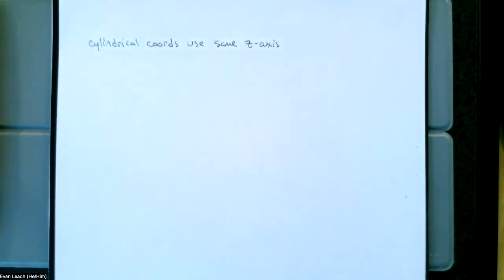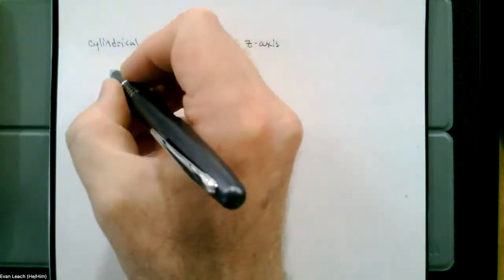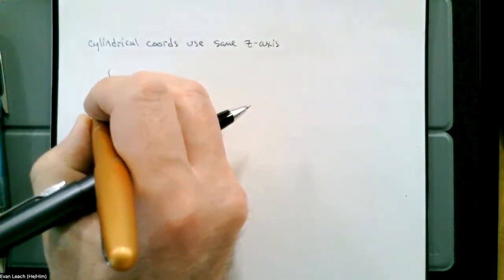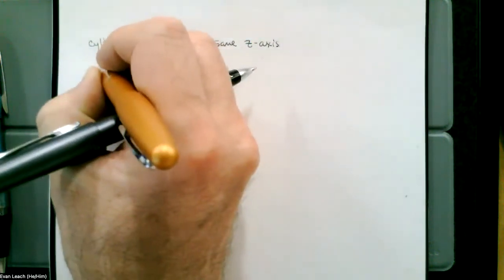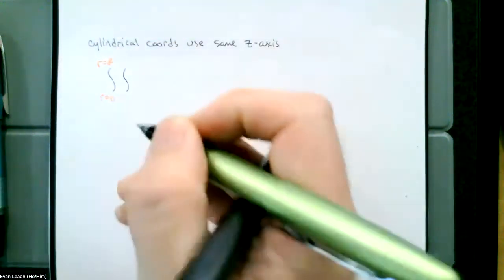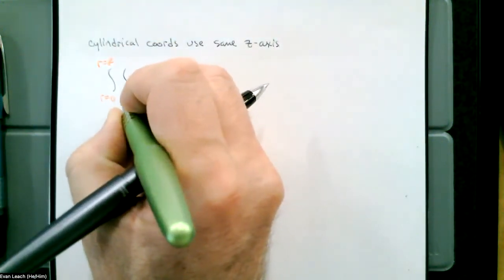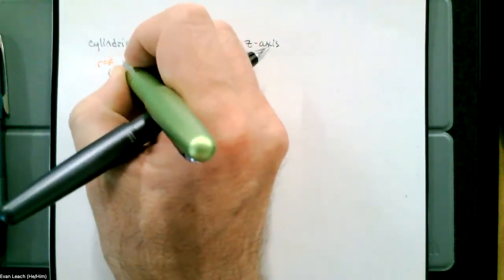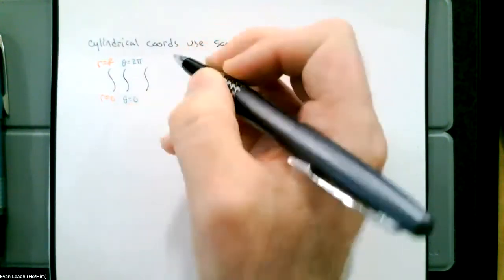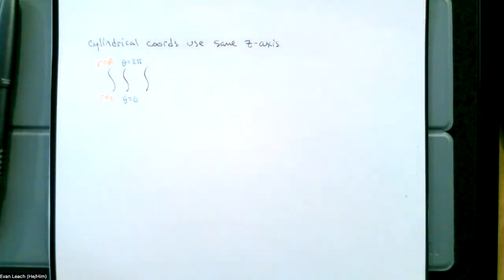We remember where the positive x-axis is because that's the place from which we measure our thetas. In cylindrical coordinates, r still goes from 0 to capital R. If I want the whole sphere, then theta still goes from 0 to 2 pi. What z is between is the same as in rectangular coordinates because it's the same z-axis.